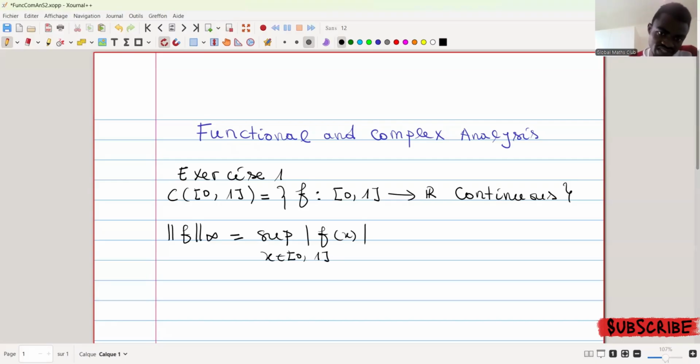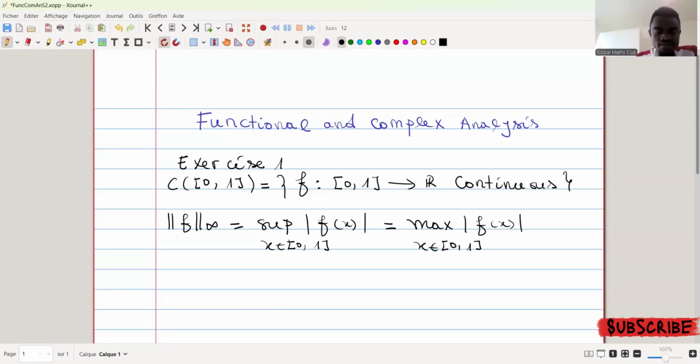By the way, [0,1] is a compact domain and the function f is continuous, so this can also be written as the maximum. The supremum and the maximum are the same. You can check it by looking at the Bolzano-Weierstrass theorem, but it is not important here.